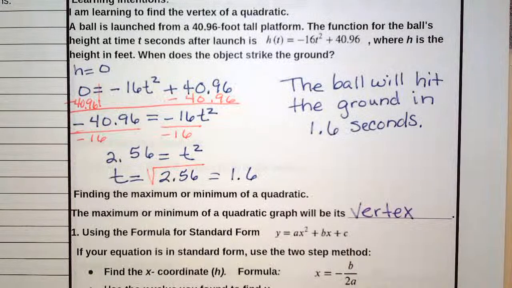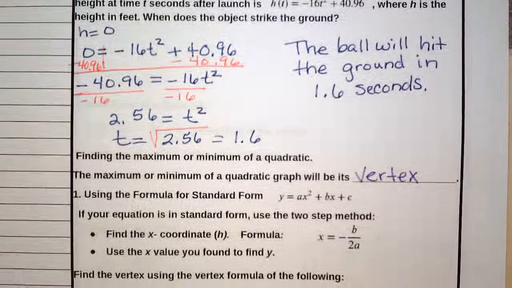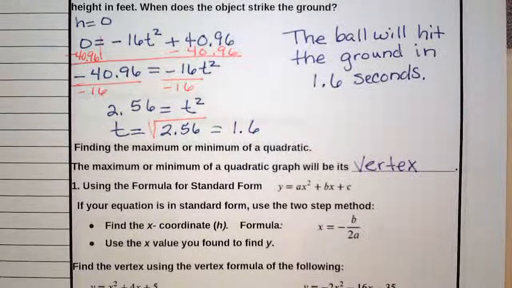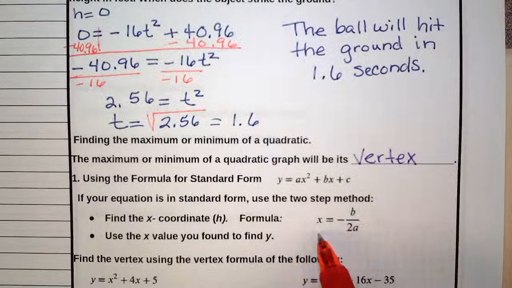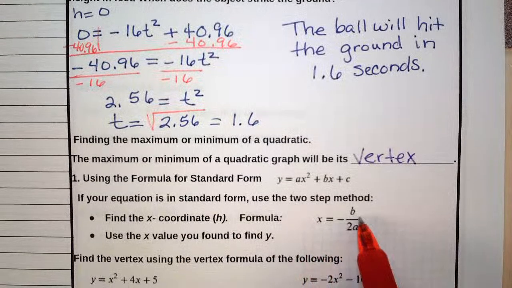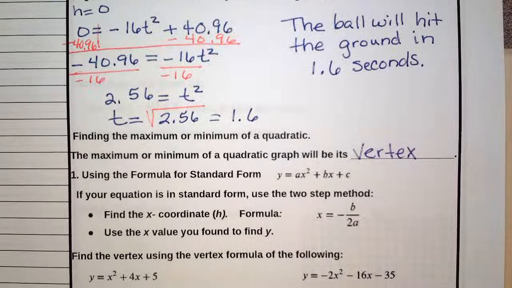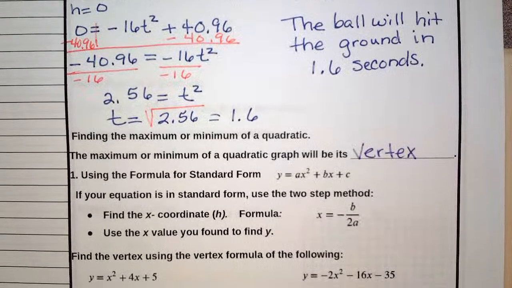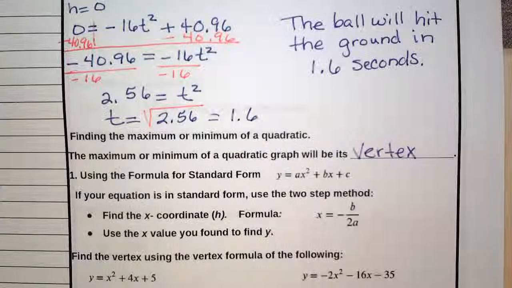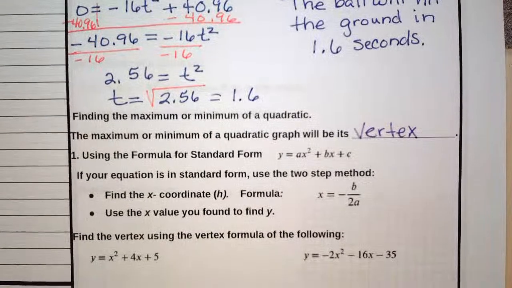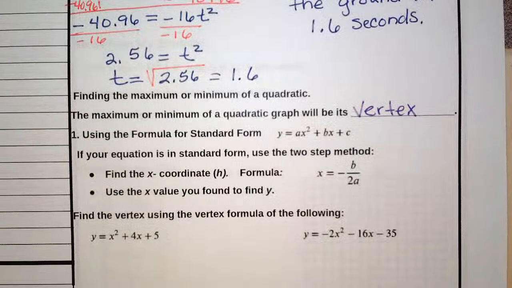Now, using the standard form, which is y equals ax squared plus bx plus c, you find the x-coordinate by using the formula x is equal to the opposite of b divided by 2a. Use the x value you found to find y. So it's 2 steps.